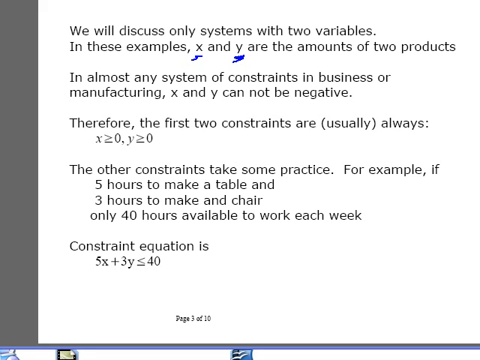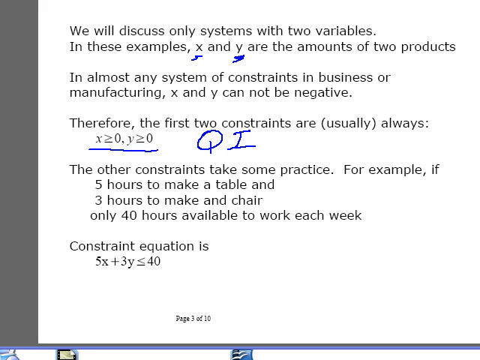These are the amounts of the products you're going to make. They have to be positive. You can't make a negative number of chairs or a negative number of coats, for example. So X has to be greater than 0 and Y has to be greater than 0. As a result, when you start graphing things, you only have to look in quadrant 1 because of this constraint.